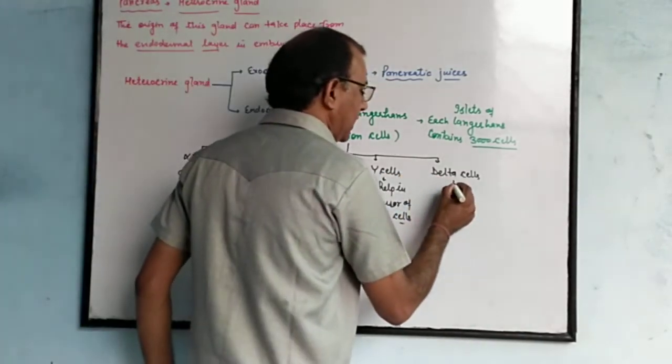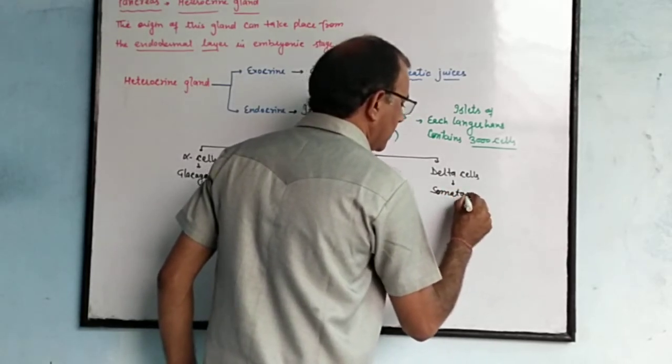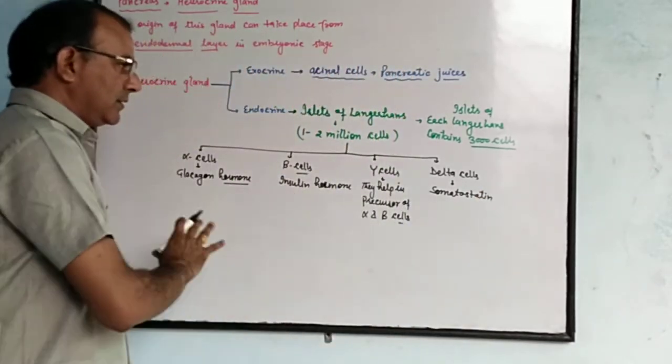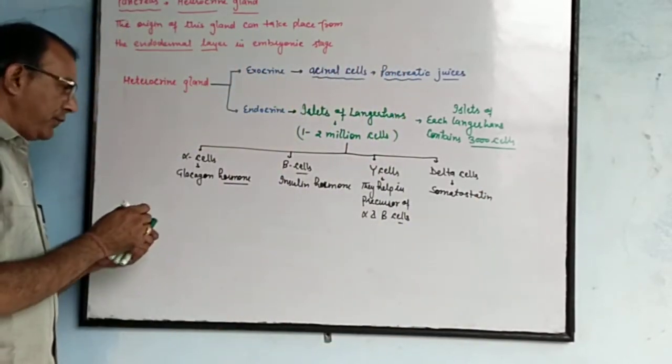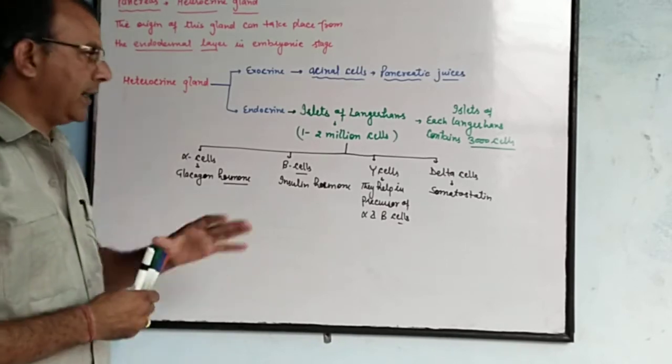Delta cells secrete a hormone called somatostatin. These are the four different types of cells found in islets of Langerhans.